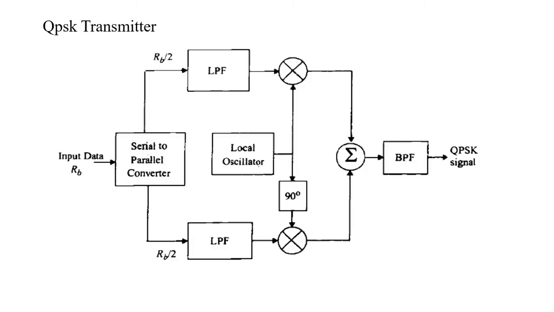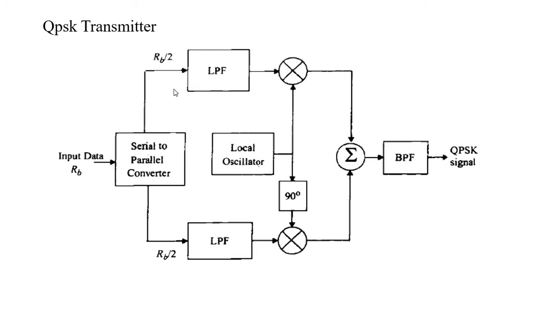Now we have the QPSK transmitter. From the diagram, the input data we give here is the binary sequence data, and the data rate is given here. The data stream will be divided into two sections.